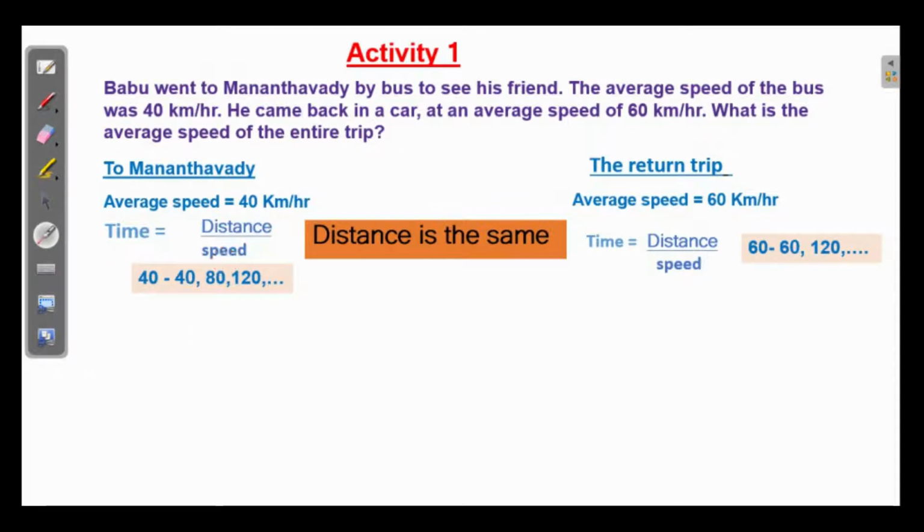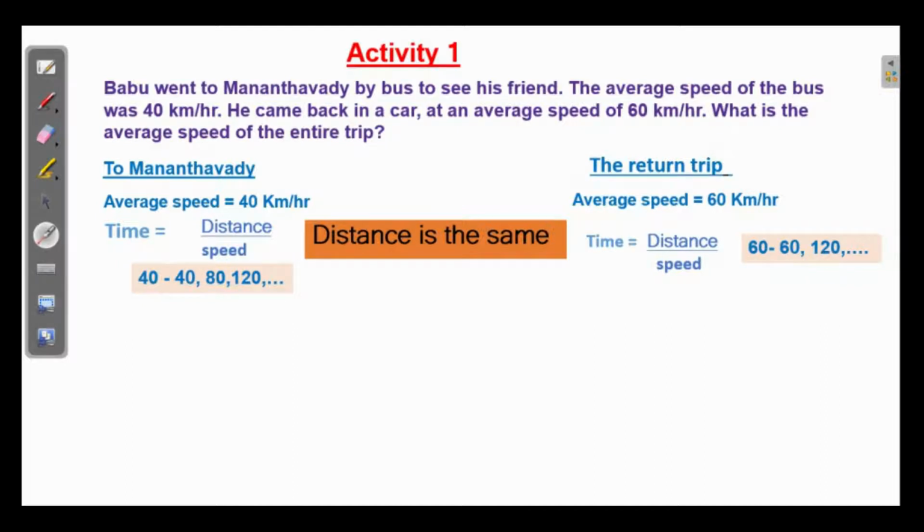We have to divide this distance by the speed 40 and the speed 60. To divide by 40 and 60, we can take a suitable number. Here it is 120. It is the least common multiple of 40 and 60.